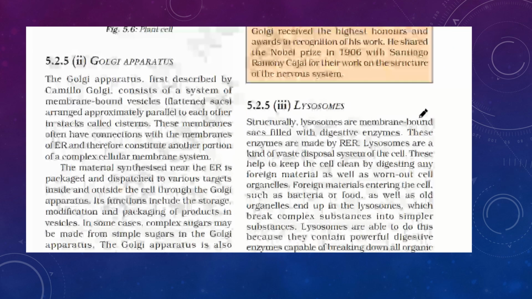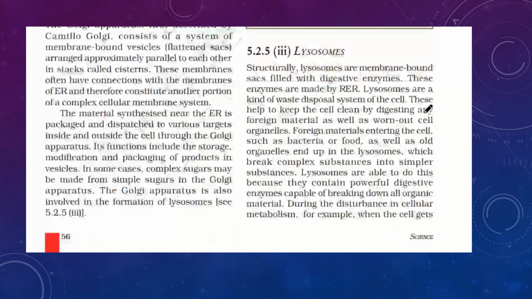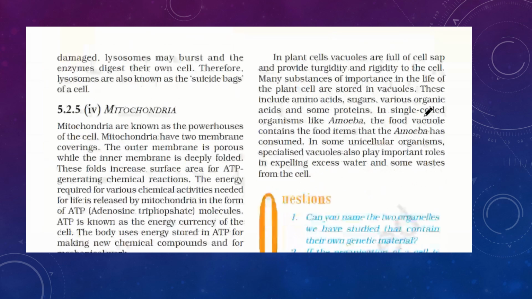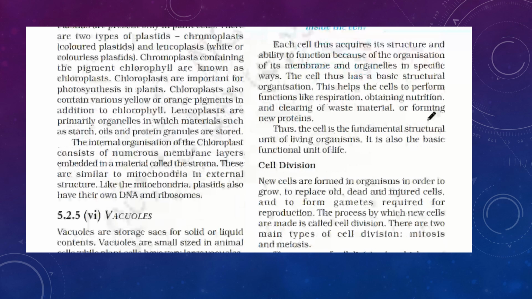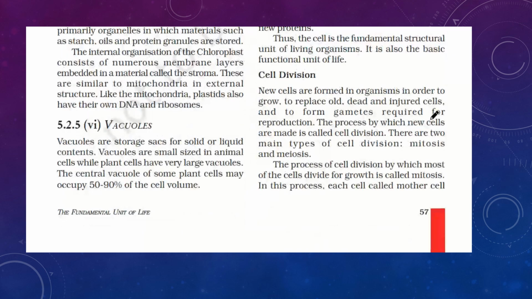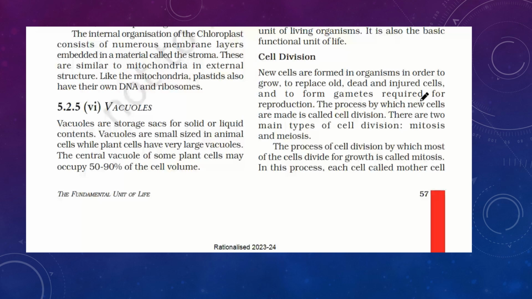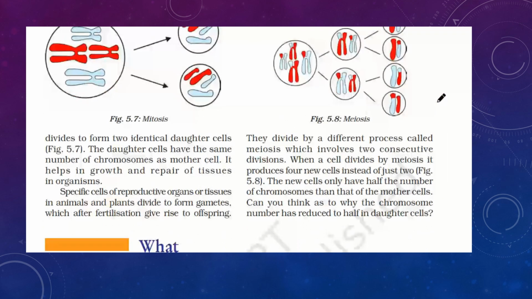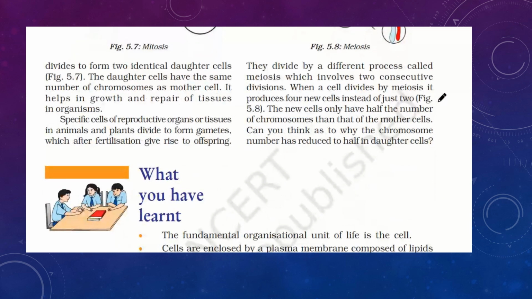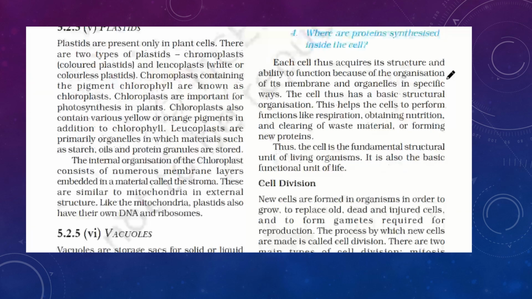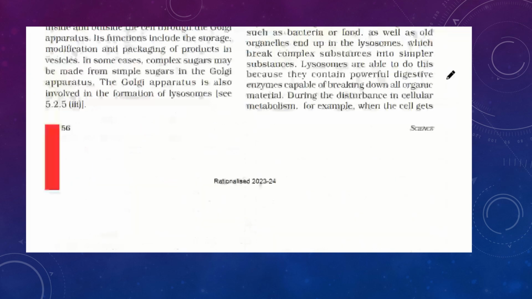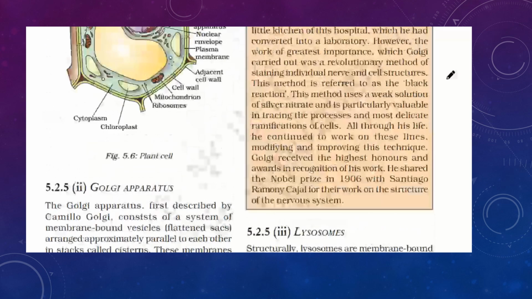Then we will understand what the Golgi apparatus is, what their function is, what lysosomes are, and what mitochondria and plastids are. Vacuoles also will be mentioned in the next class. Then we will see the process of cell division. In the next 2 classes we will complete this full lesson, because this is a vast lesson and I am dividing it into different parts so that it is easier for you to understand.